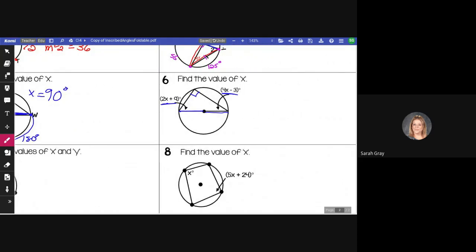Or if you want to do all three angles, then it's adding up to 180. 90 plus 2x plus 9 plus 4x minus 3 equals 180. All right, when you work out the algebra, you get 14.